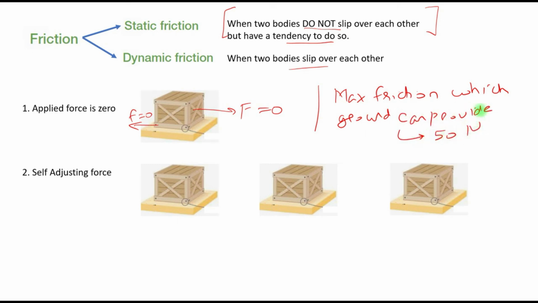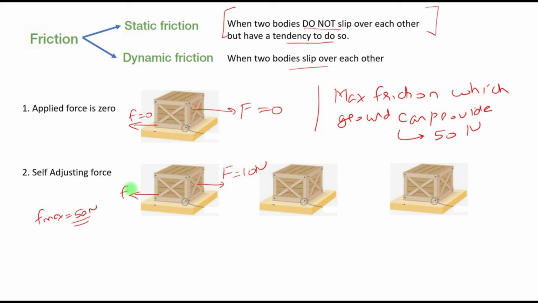So 50 newtons is the maximum frictional force that can exist. Now let's say I apply a force of 10 newtons. Although the maximum possible friction is 50, the friction in this case will not be 50, isn't it?